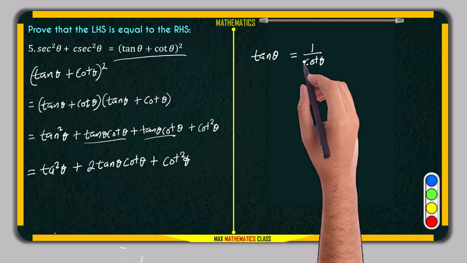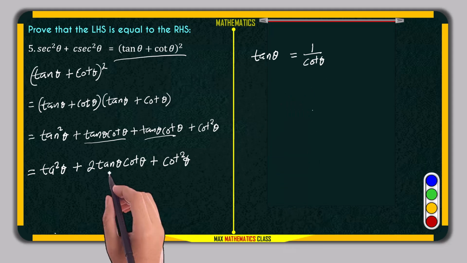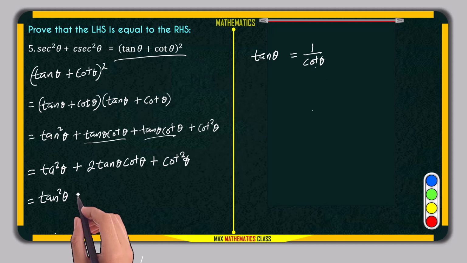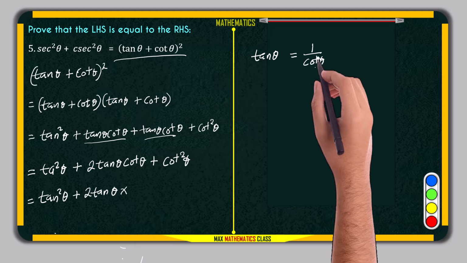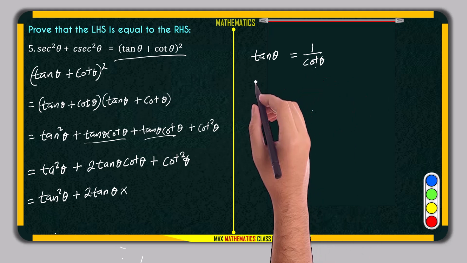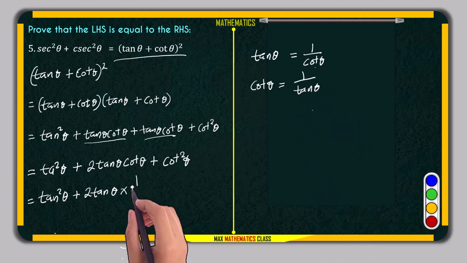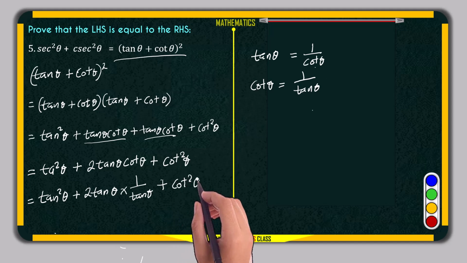Now we are going to substitute cot theta with 1 over tan theta, so that the new value will become tan square theta plus 2 tan theta times 1 over tan theta plus cot square theta.